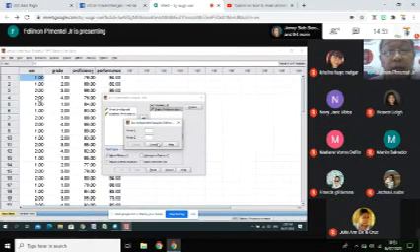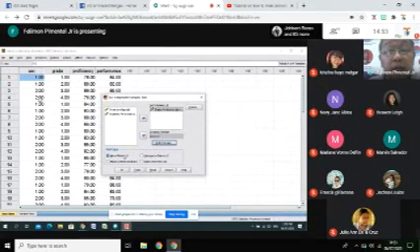Group 1 is for the male, and group 2 is for the female. You continue. Take note that in the test type, the default is the Mann-Whitney U. Since it is already checked because it is the default test, all you have to do is click OK.